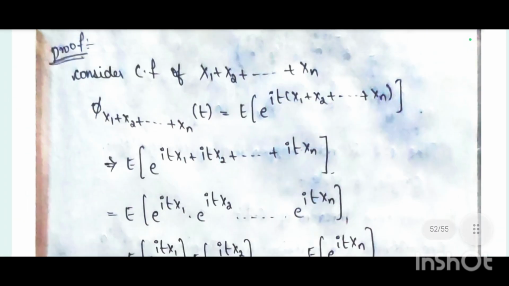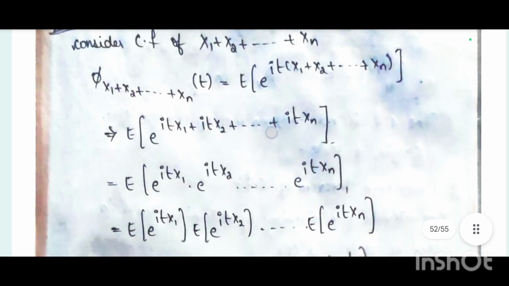Next, the proof. If you see the proof, this can be easily calculated. When bases are equal and in multiplication, the powers should be added. Here they are multiplying with respect to the it value.